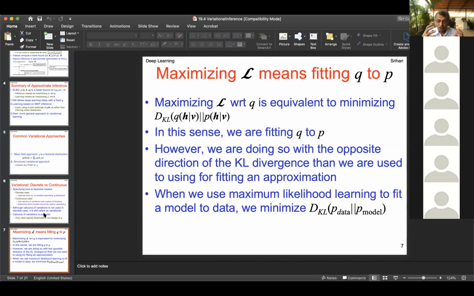And normally we're trying to fit the model to the data. And now here we are saying we are trying to fit a Q to the model, right? So it's going in the opposite direction than the usual way of what machine learning or data modeling is all about, right? We're fitting the distribution of the model to the data. Here we are finding a Q to the model.